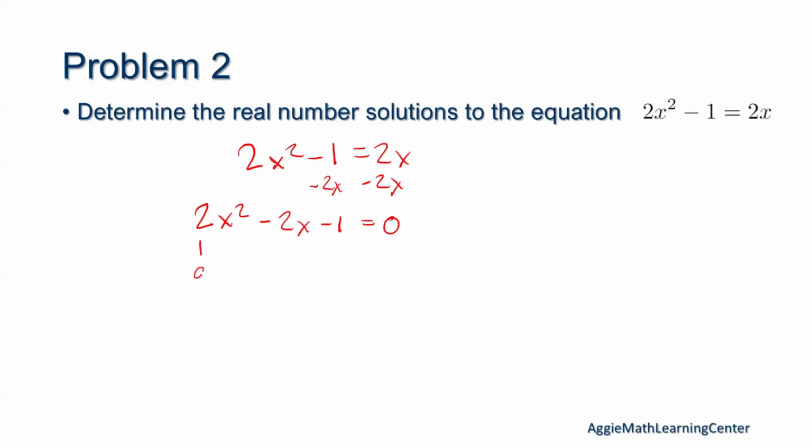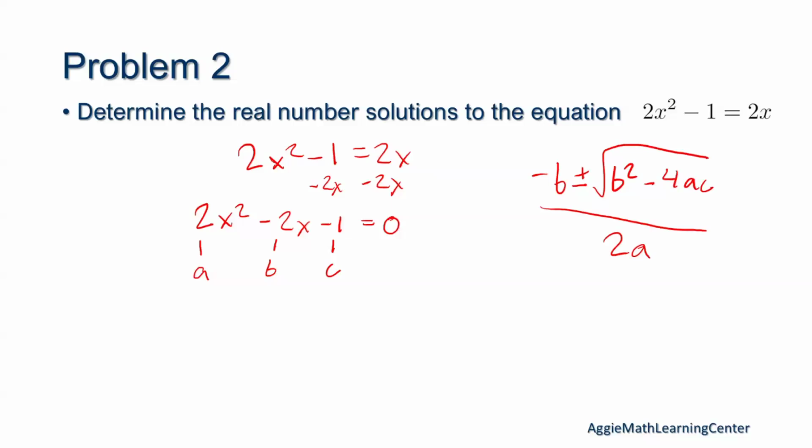This is going to be our a, this is going to be our b, and this is going to be our c. So I'm just going to rewrite the formula, negative b plus or minus square root of b squared minus 4ac over 2a, and we'll plug it in. I wrote that too high, ignore that.